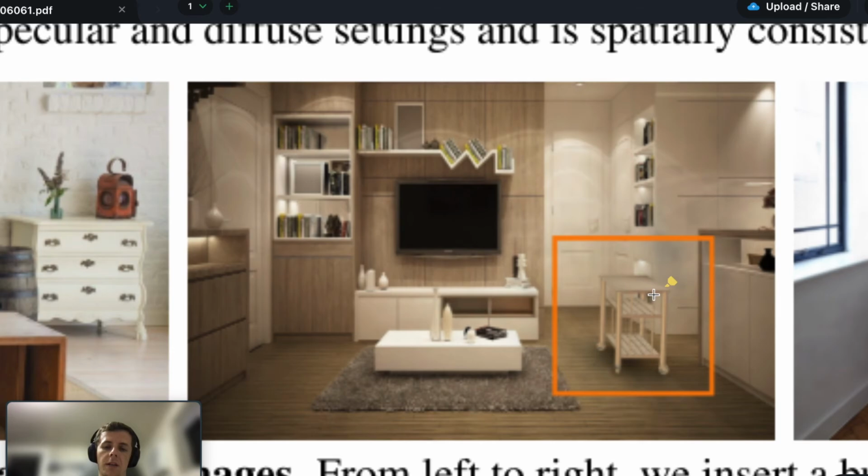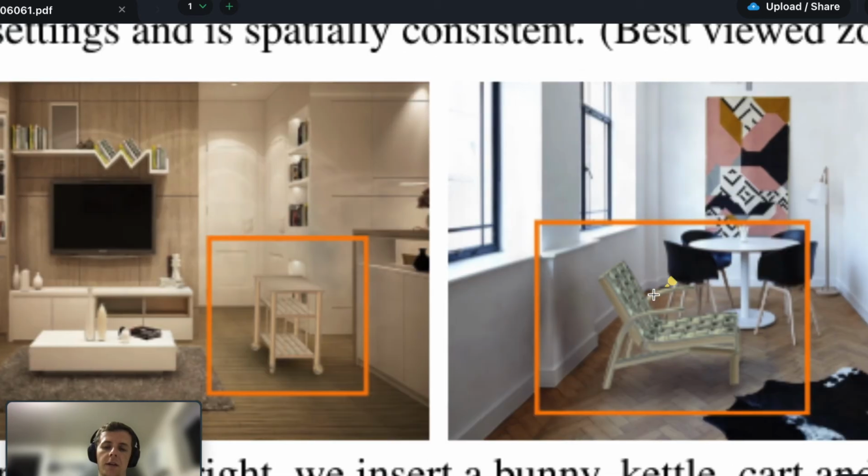All of this is made automatically, and since they also get depth, I'm not sure if they project this on a shadow catcher or use their depth prediction, but it shouldn't be hard to use their own depth prediction to make those renderings directly, so you don't even need to worry about a shadow catcher and finding the camera parameters to insert a 3D object into the scene. So this is pretty cool.